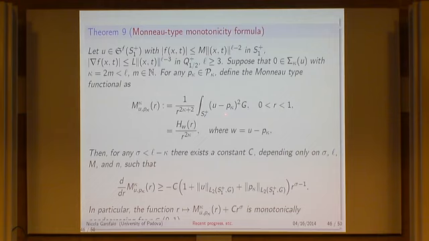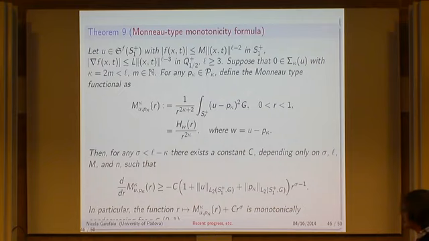Arshak and I recognized that once you have this one parameter family of Weiss monotonicity formulas, you can prove a one parameter family of Monneau type monotonicity formulas. This works well for the thin obstacle problem, because you have infinitely many possible homogeneities. For instance, at singular points you can prove homogeneity 2m, so even homogeneity.